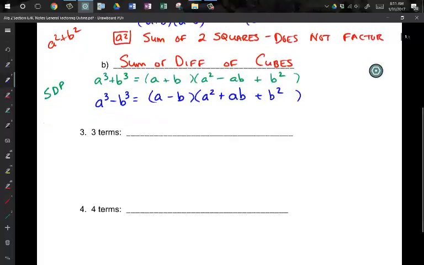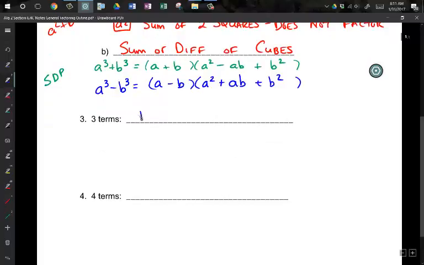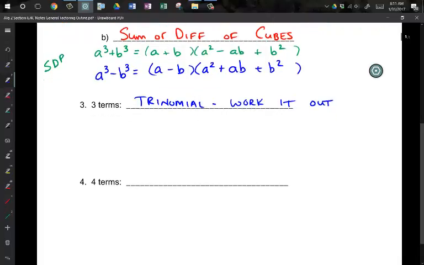Third scenario, we've got three terms. In other words, we've got a trinomial. And with the trinomial, and I know this sounds strange, you just have to work it out. The first thing we're going to do, in step one, would be to put our parentheses.